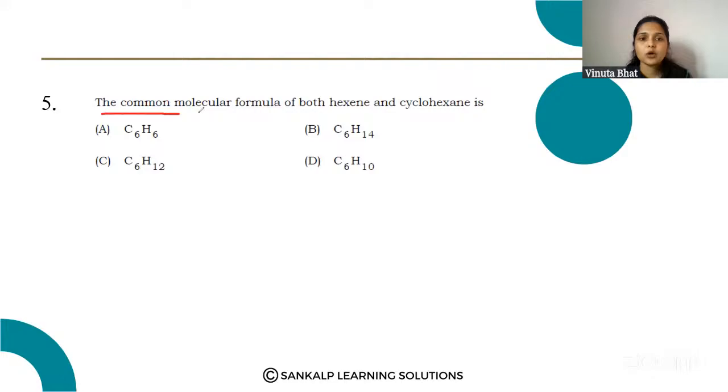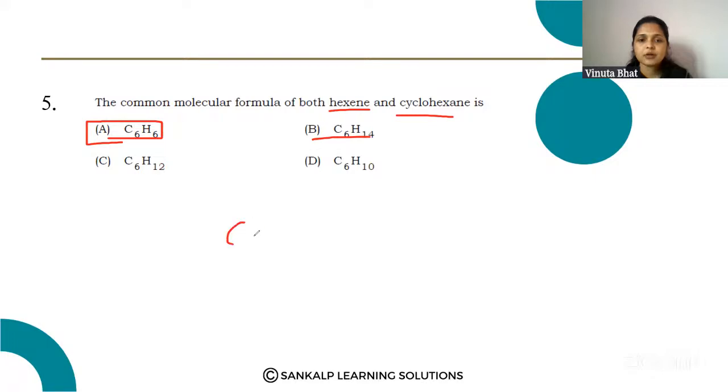The common molecular formula of both hexene and cyclohexane is? Hexene means it has a double bond. C6H6 is benzene.